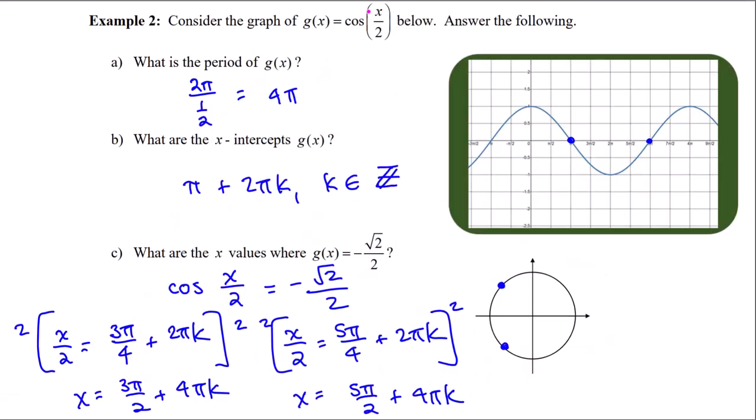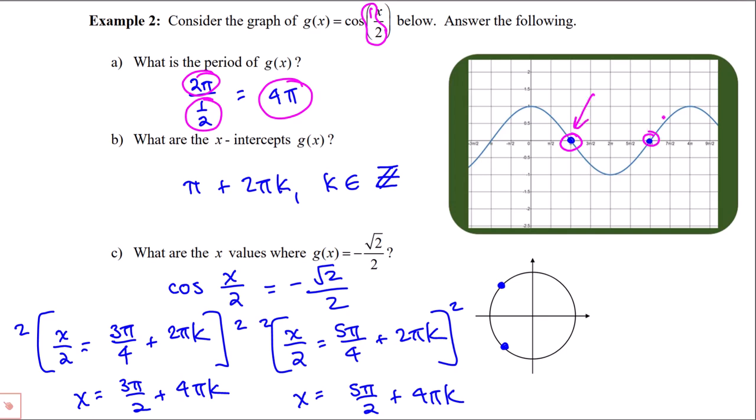Same thing is true here. Do you see that the b value is a half? It's a half times x. So 2 pi over b. When you divide by a half, it's like multiplying by 2, and you get 4 pi. The x-intercepts are here and here.